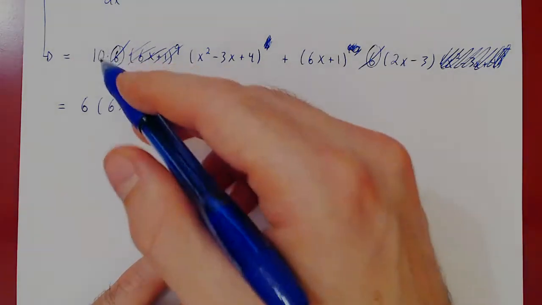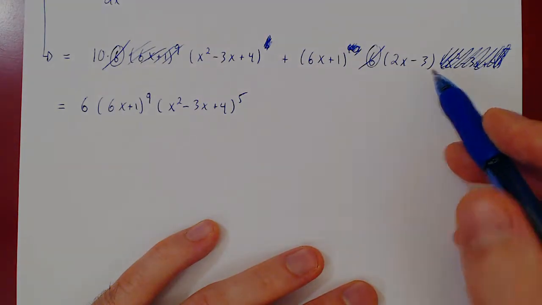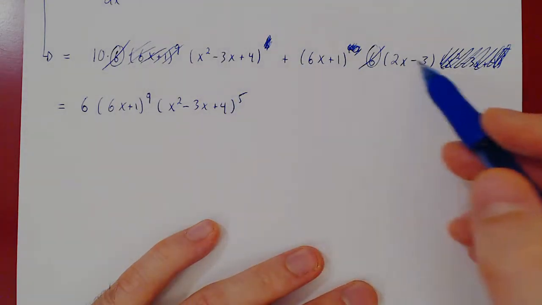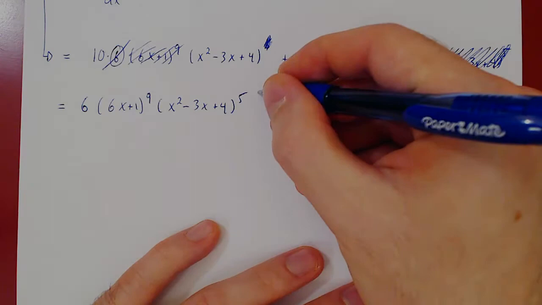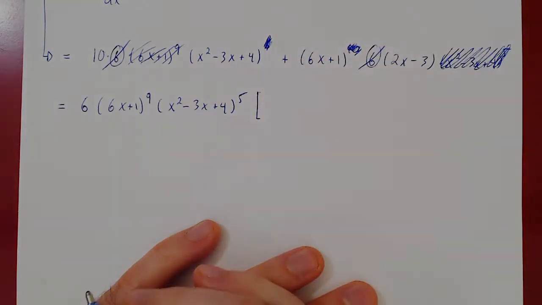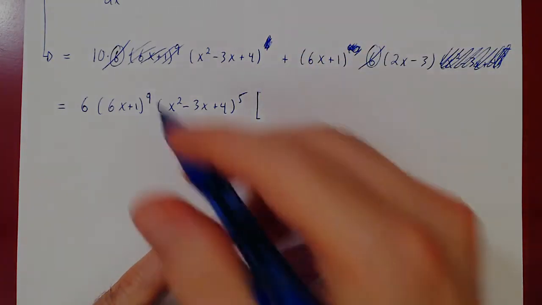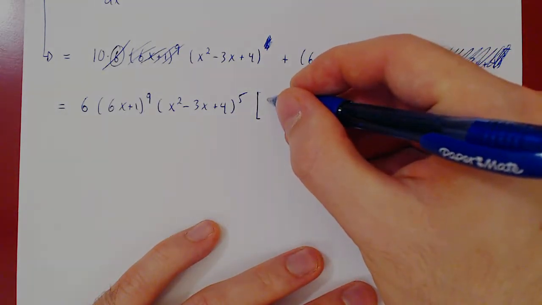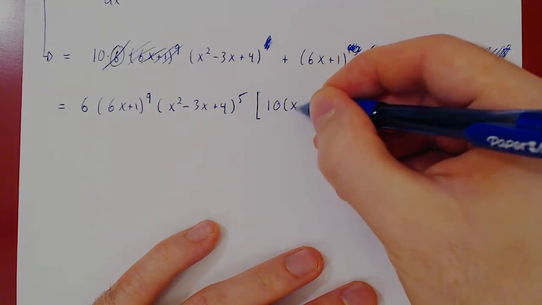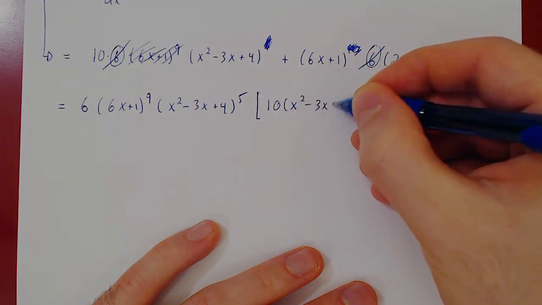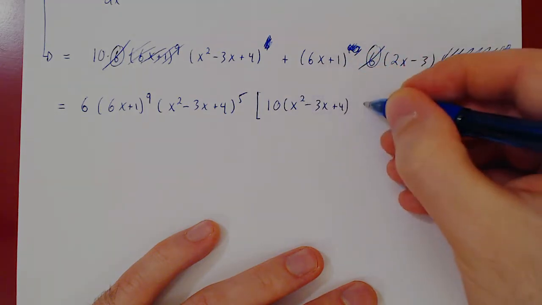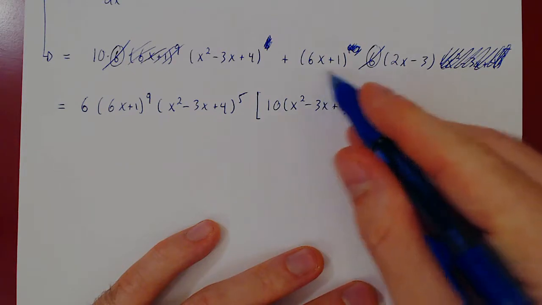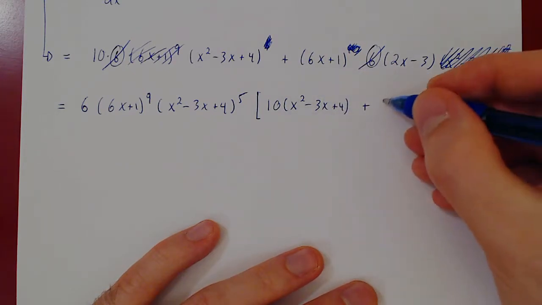There's a single 10. There's no constant term here. There's the quadratic, and it's not here. So now we've factored all we could. And we're left with the two leftover terms. 10 times the quadratic plus 6x plus 1 times 2x minus 3.